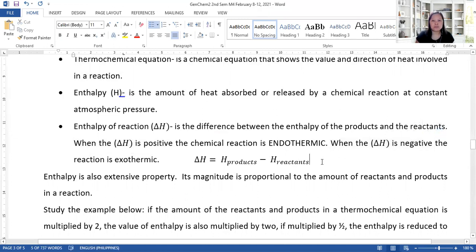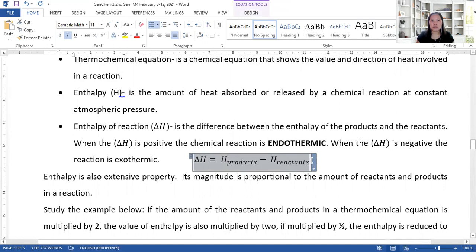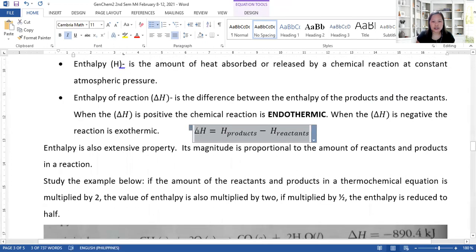Please remember that phrase. So we have here the relationship in the thermochemical equation: delta H, which means enthalpy of reaction, equals H of products minus H of reactants.